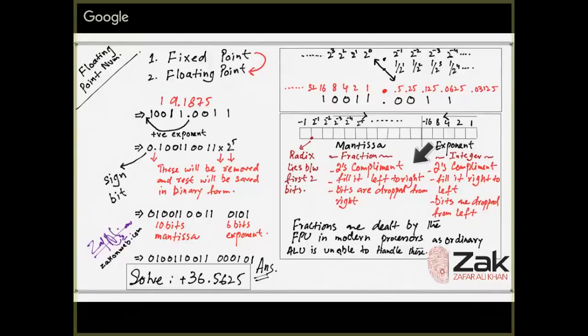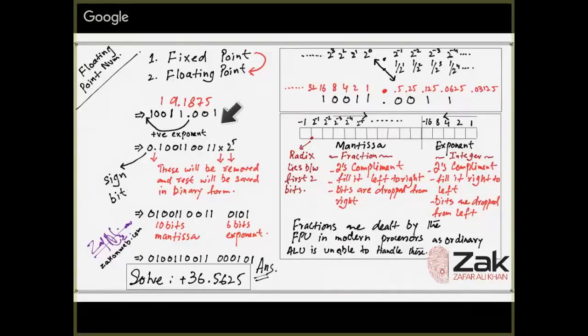If we move it left, the exponent would be positive, so that in order to get the original number back, we will move it right. And if we move the point towards the right, the exponent would be negative. Why? Because in order to get the original number back, we would have to move the point towards the left.